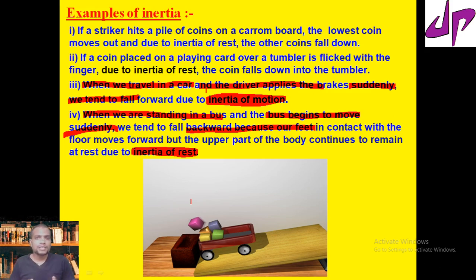Now the explanation is given here. Our feet are in contact with the floor and move forward, but my upper body continues to be in the state of rest. So the feet want to move, the upper body wants to stay at rest. That causes us to lean backward.